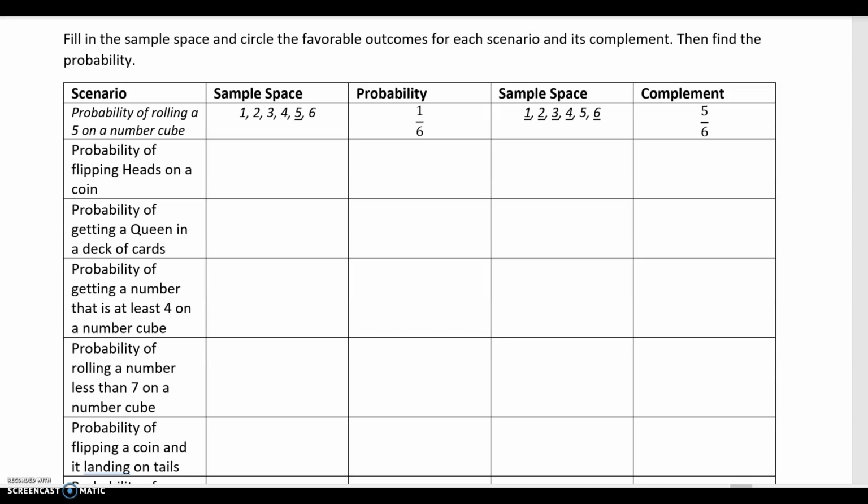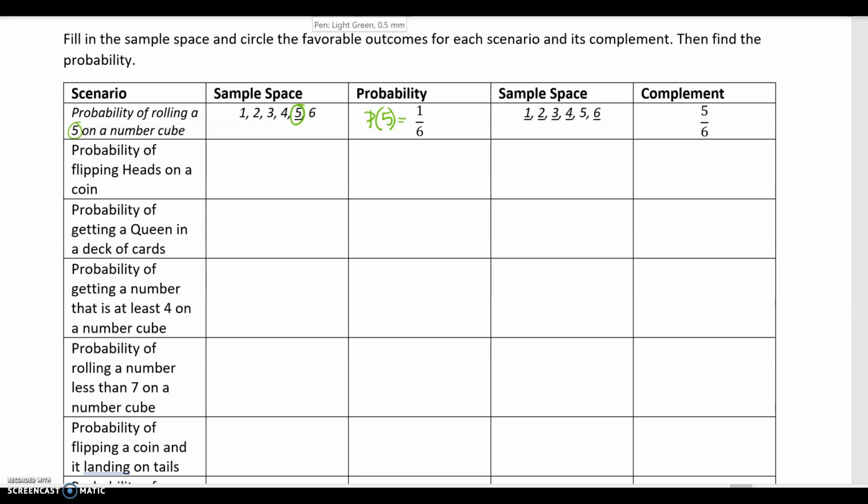And then we're going to circle or underline. It says the probability of rolling a 5. So there's 1 five. So the probability of a 5 is that there's 1 five on a number cube out of 6 sides, 1, 2, 3, 4, 5, 6. So 1 out of 6.